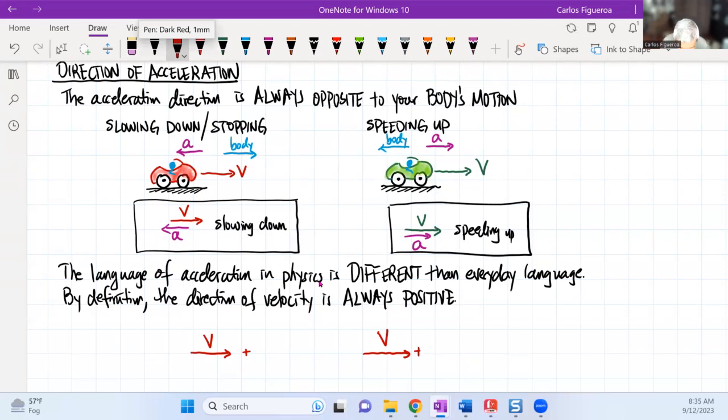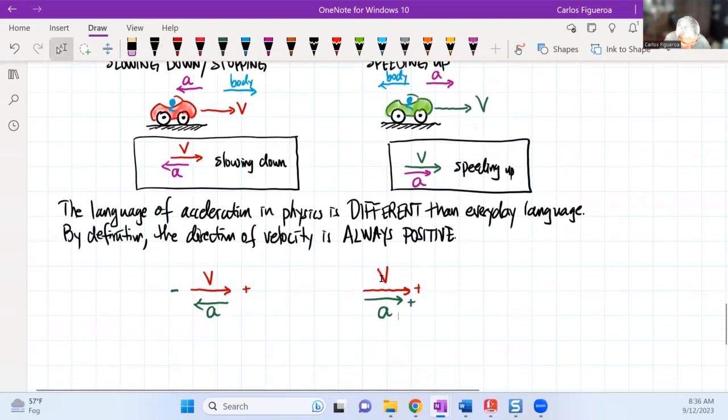So how we define speeding up and slowing down is only defined by the direction of the acceleration. What we say here is that if my acceleration is in the opposite direction, note that that's negative. If my acceleration is in the same direction as the velocity, that is positive. So what do we call this?